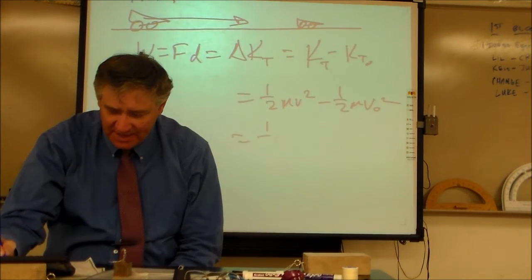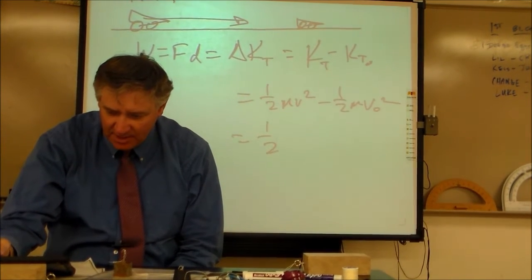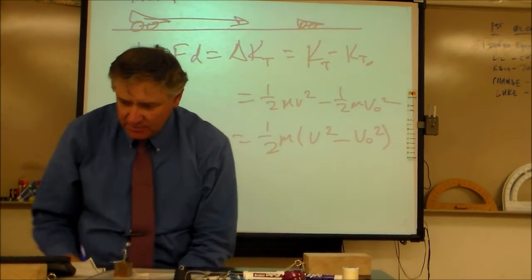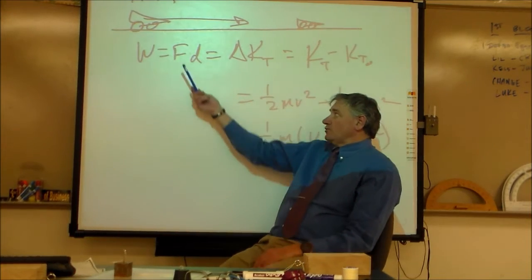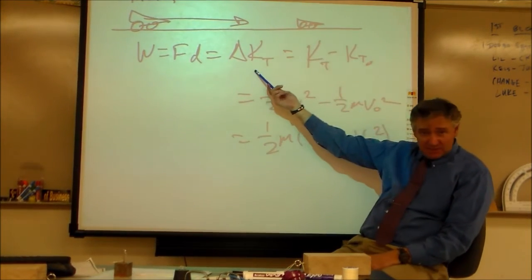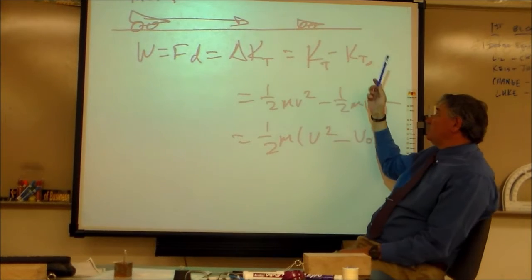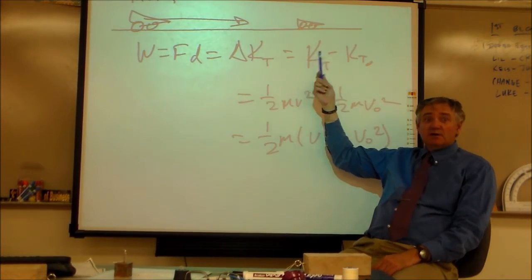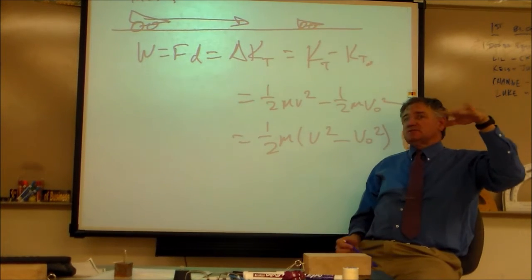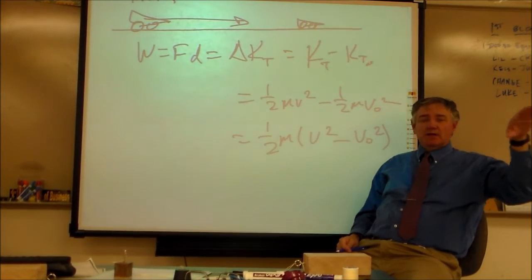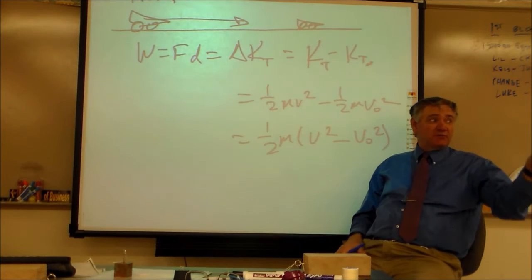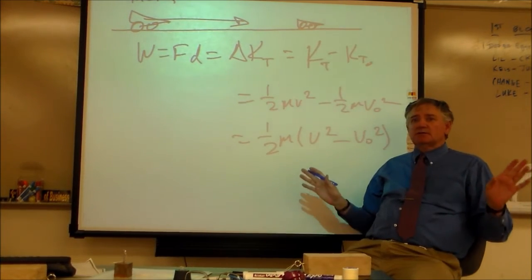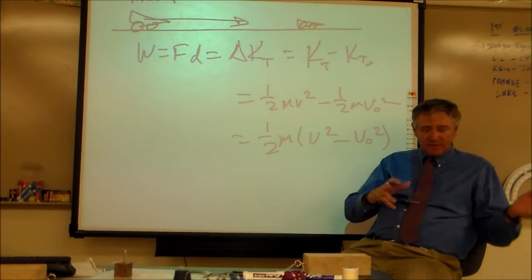And if you really want to get fancy, you can factor out a 1/2 m and have that as v squared minus v naught squared. So your work could equal your change in the kinetic energy. And if your initial kinetic energy is 0, that's also going to equal your final kinetic energy. So you might have 3 answers that are the exact same thing. Okay? And that's going to happen. And don't flip out and go, oh my God, I had the same answer. It's okay, because it equals so many different things.